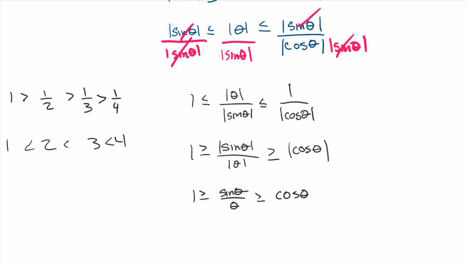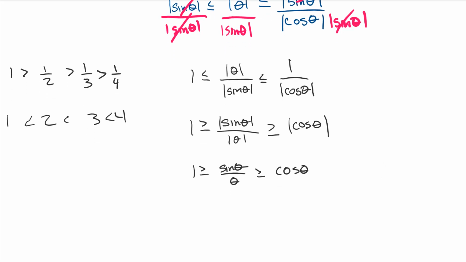All right, now once we're here, we can see we have sine of theta over theta. This is actually what I've been trying to get to. So let's hit everything with a limit. And I'm doing something well before I've even given you the theorem. So the limit, and let's take theta and send it to 0 for all 3 of these pieces.